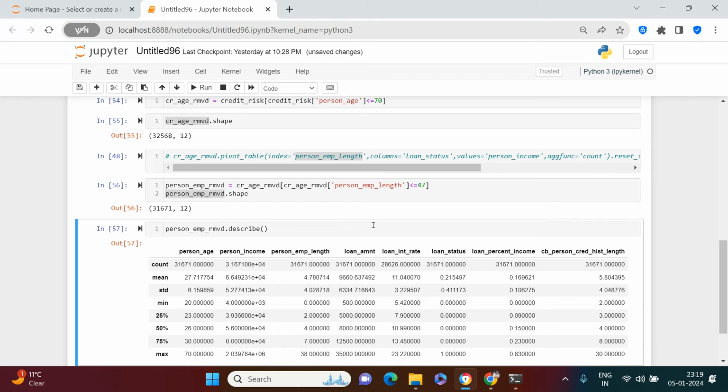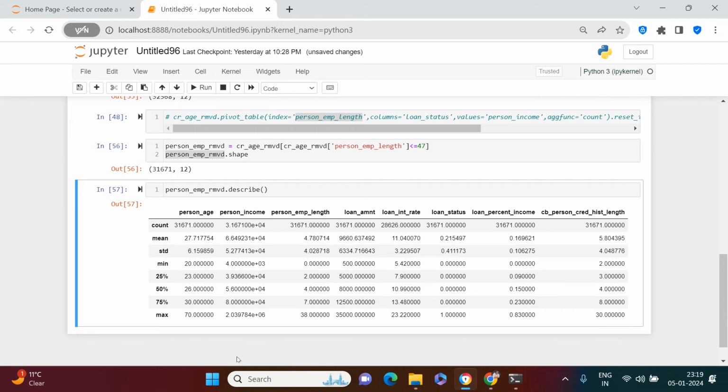This is all right. Now this also looks pretty well. Okay, now this is good. Here what it says is maximum age is 70 years, minimum age is 20 years, employment length is 38 years, which is good. Now the next thing we are seeing is minimum length is 0 years. Now pretty much in shape.